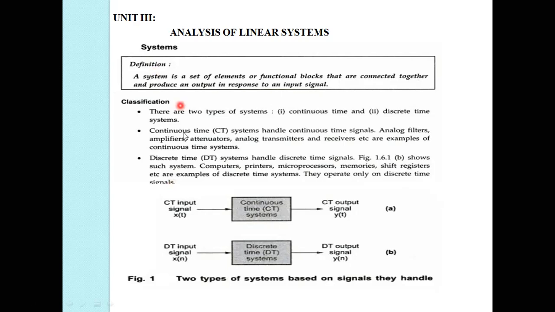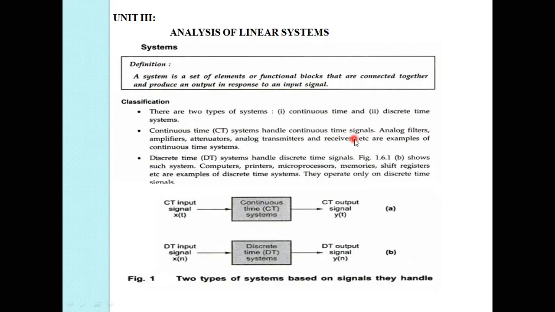There are three different definitions here. What is a system? A system is a set of elements or functional blocks that are connected together and produce an output in response to the input signal. There are two types of systems, one is a continuous time system and the other is a discrete time system. Continuous time system handles continuous time signals and discrete time system handles discrete time signals.